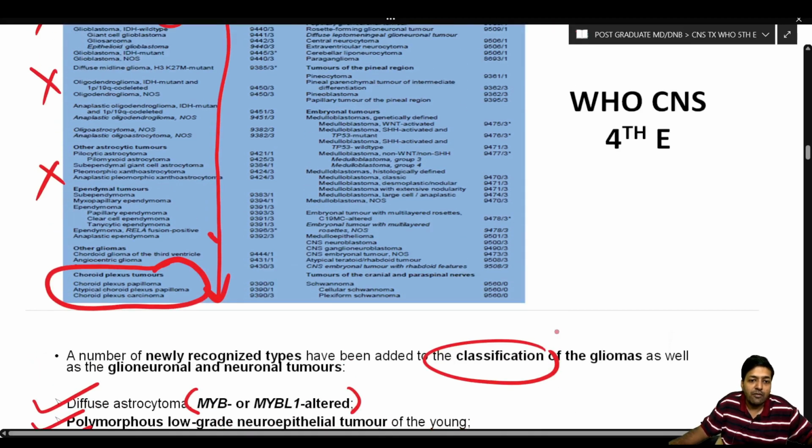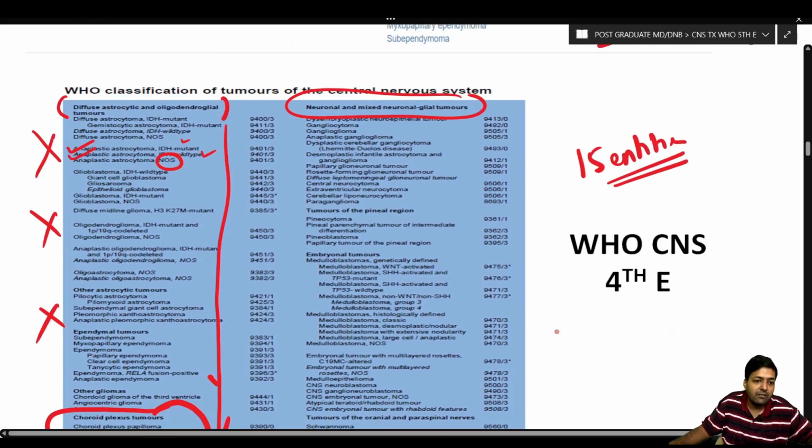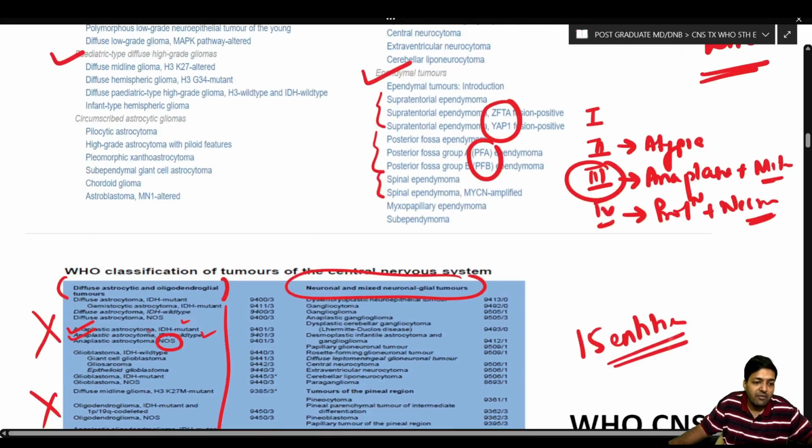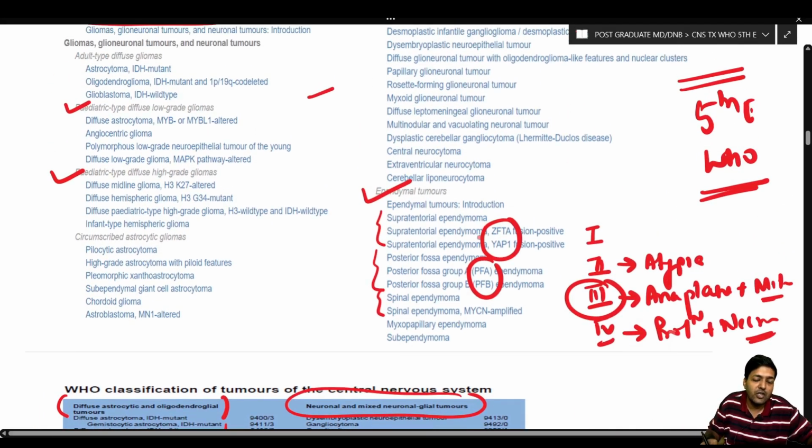Okay, so if we are comparing the different types of ependymal tumors, this was in the 4th edition: there was just subependymoma, myxopapillary ependymoma, ependymoma, papillary, clear cell, tanycytic. So this was mainly histologically based. But if you see the current edition of WHO, the ependymal tumor classification has changed according to their location: supratentorial, posterior fossa, spinal.